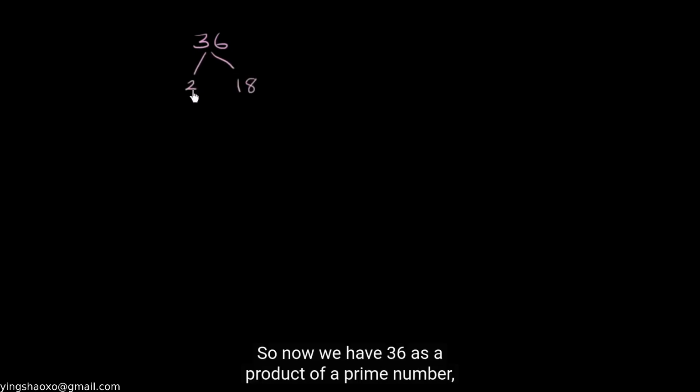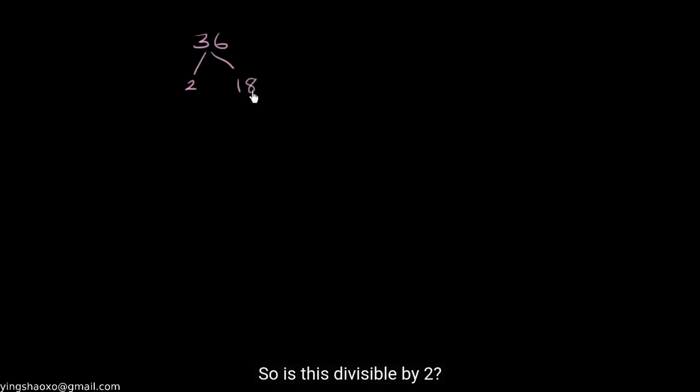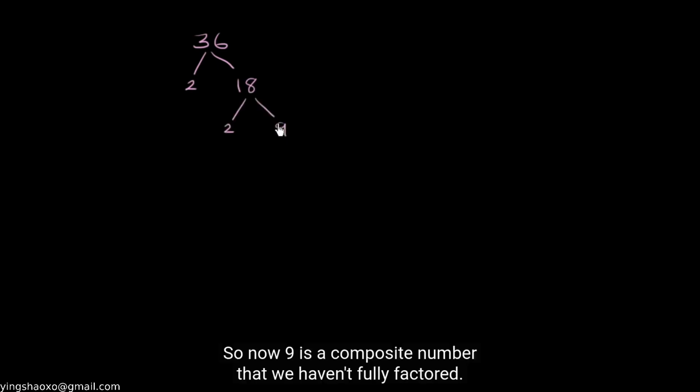So now we have 36 as a product of a prime number, and 18 is clearly a composite number. It has factors other than 1 and 18. So let's try to factor this further. Is this divisible by 2? Sure. 18 is 2 times 9. So now 9 is a composite number that we haven't fully factored.